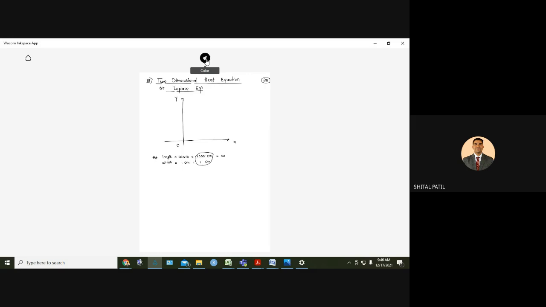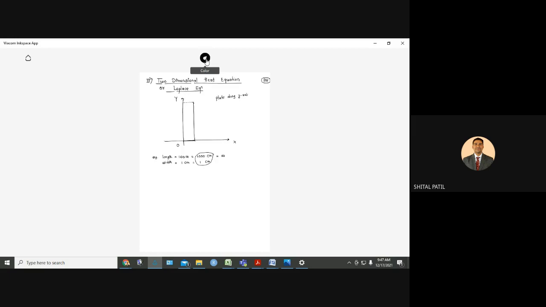Let me keep the plate along the y-axis. So this is the plate. This is the width of the plate. And since we are considering length as infinity, I am writing a dotted line.